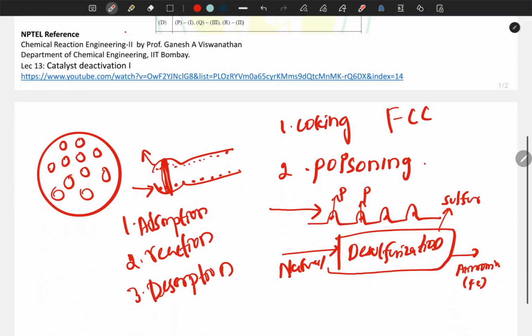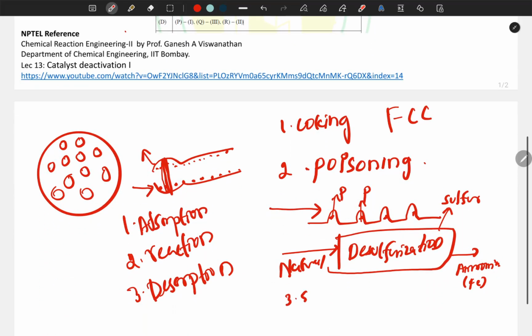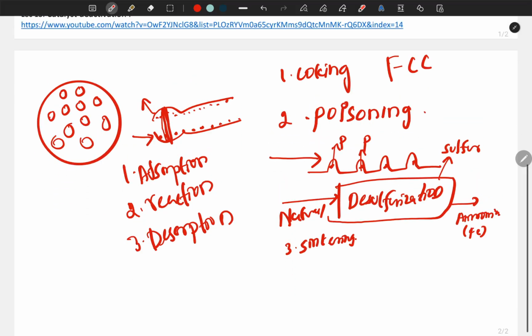So the next terminology is sintering. As we saw initially, your catalyst metal has a lot of pores like this.